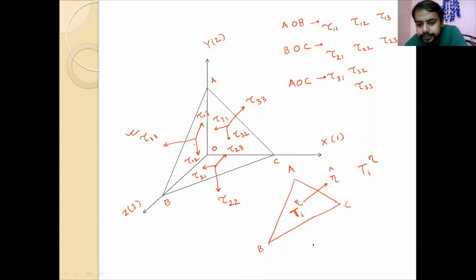Now, what is eta? Eta is eta 1 into i plus eta 2 into j plus eta 3 into k, a vector quantity, along the x-axis, y-axis and z-axis.